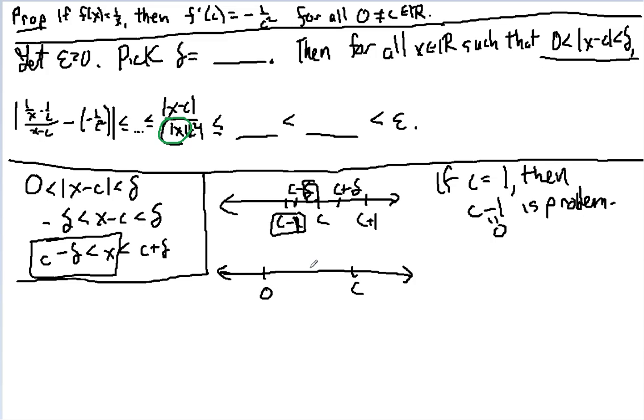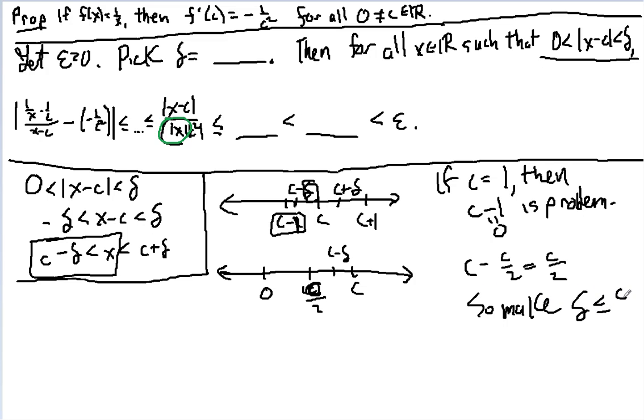Instead, I'm going to try to make sure that my c minus delta is between c and c over 2. And I can do that pretty easily, right? Notice that c minus c over 2 equals c over 2. So I'm going to make delta less than or equal to c over 2 if c is positive.